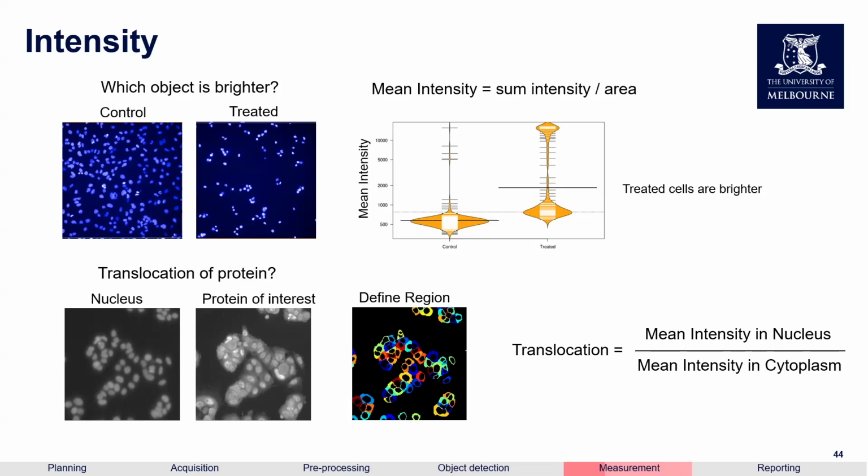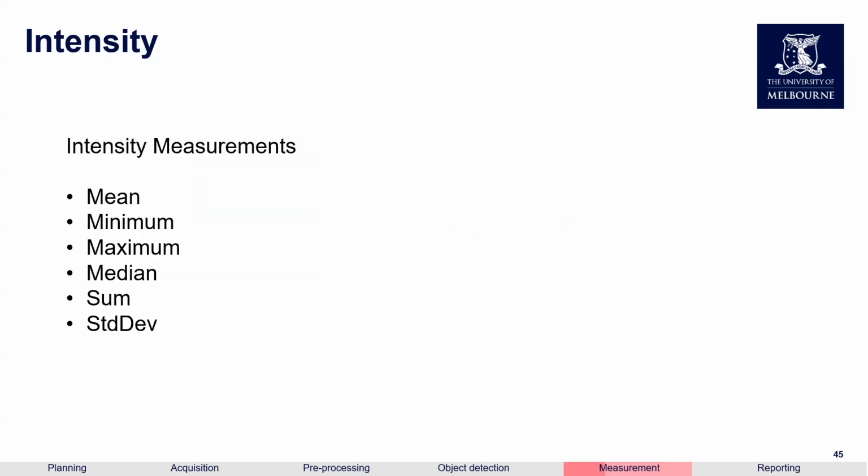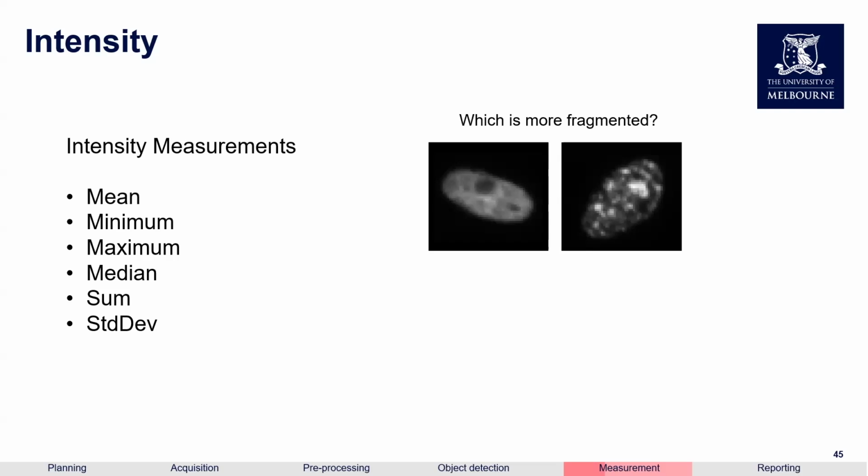So these are really common ones. But beyond the mean intensity, we can also measure minimum, maximum, median, sum, and standard deviation of intensity. As an example, these two cells have similar mean intensity. So just measuring the average intensity and checking the brightness won't really differentiate their patterns, because you can see the right one is clearly more granular.